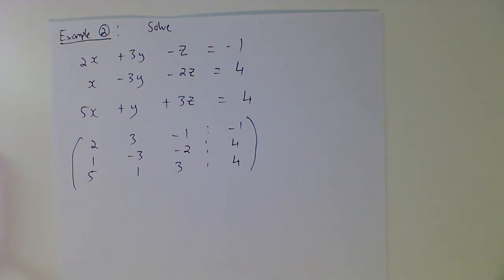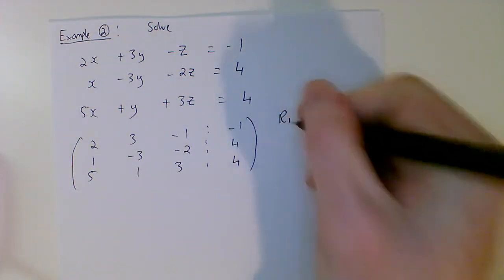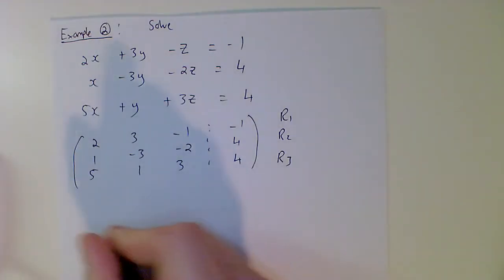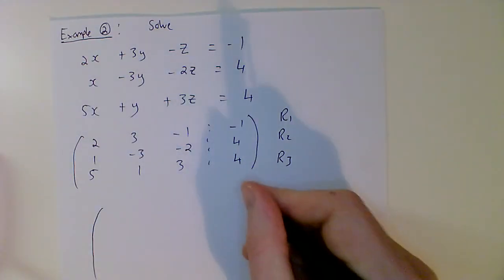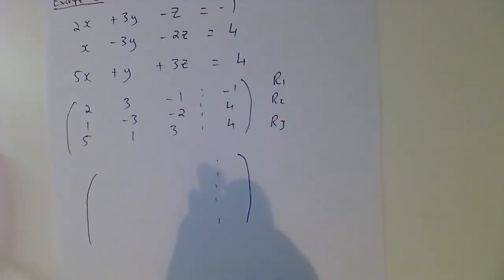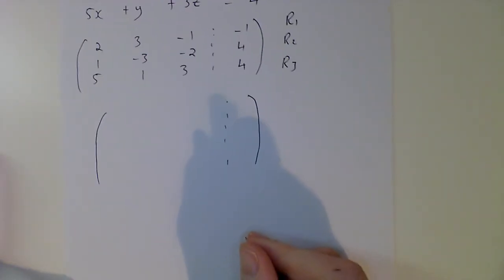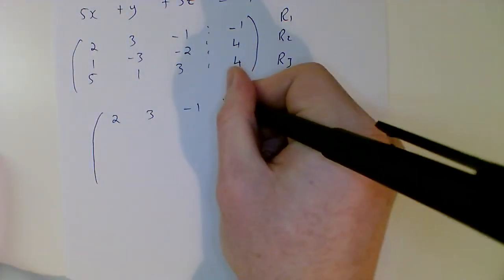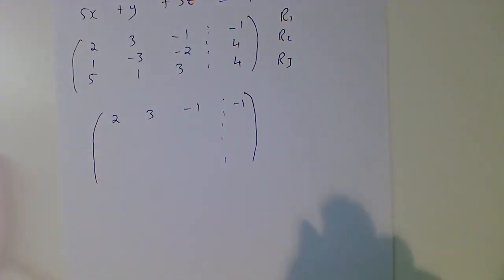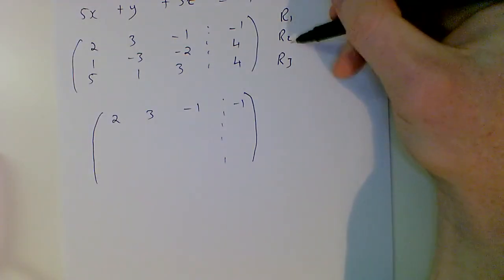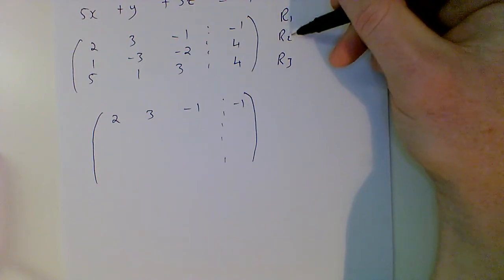Okay, so again, let's label our rows. Row 1, row 2, row 3. And remember, row 1 stays the same. Right now, I need to make this element 0, and remember, you always use R1 and R2 for the first bit.